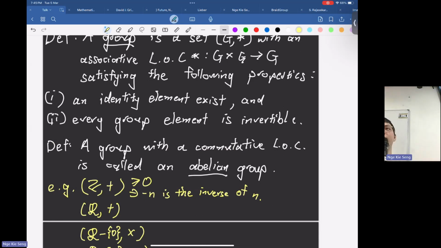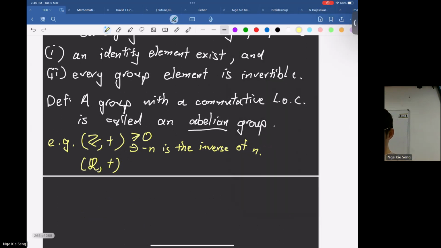Yes, matrix multiplication is not abelian. But does it form a group or not? Does every matrix have an inverse or not? No, right?